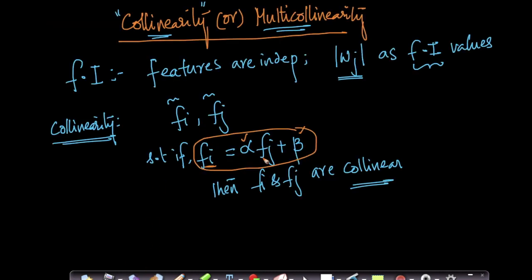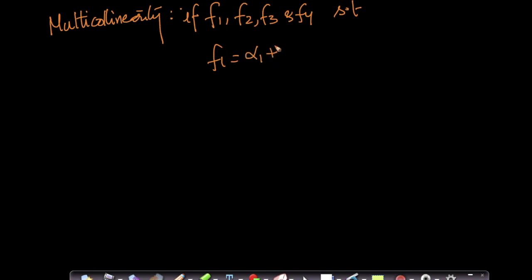Similarly, there is a related concept called multi-collinearity. Multi-collinearity is basically collinearity across multiple features. Here we have only two features, fi and fj. What if we have many features? Let's assume we have features f1, f2, f3 and f4. Let's say f1 can be written as alpha 1 plus alpha 2 f2 plus alpha 3 f3 plus alpha 4 f4, where all alphas are constants.